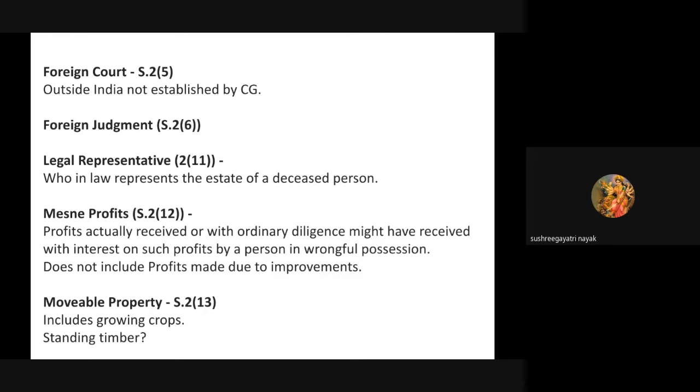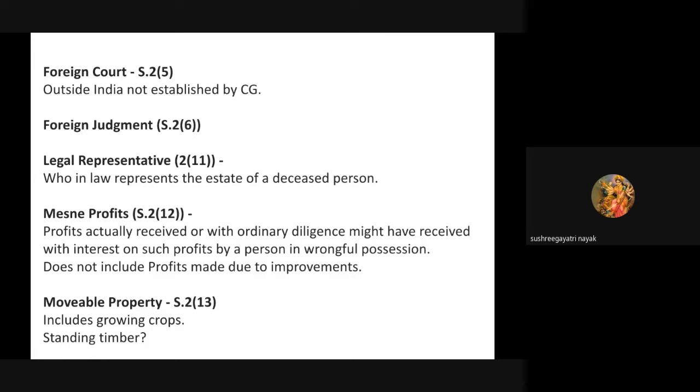Now coming to foreign court, that is a court outside India and not established by the central government. Outside India would have sufficed, but why was the term 'not established by the central government' used? Because we can say that if a court is outside India, then of course it will be a foreign court.